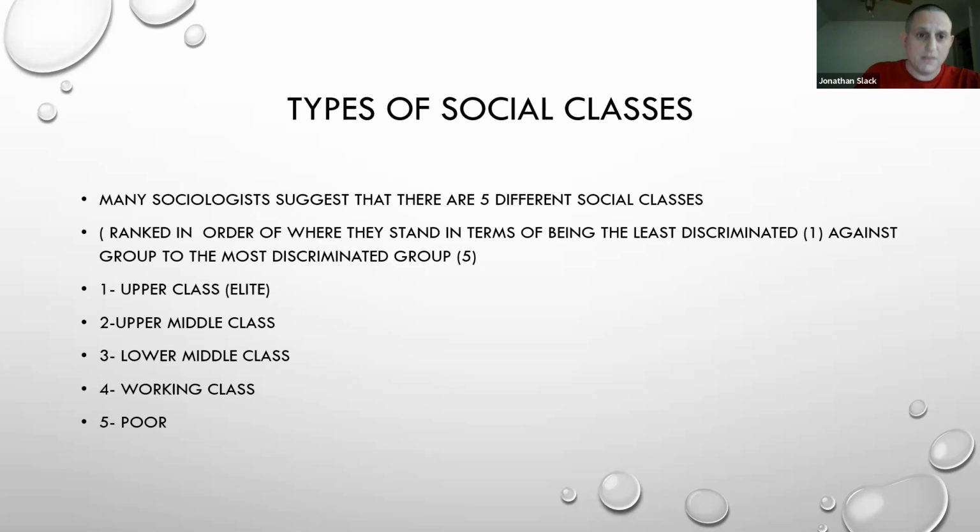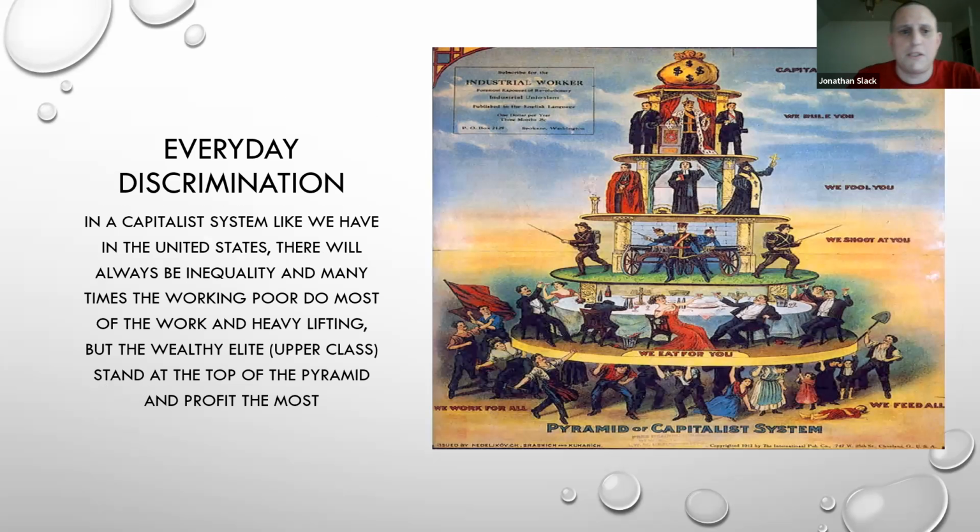Yeah. So I also put a picture here. I found it showing everyday discrimination, like I brought up, in a capitalist system like we have here. There always will be inequality, I feel like, because many times the working poor do most of the heavy lifting, but the wealthy elite upper class stand at the top of the pyramid and profit the most.